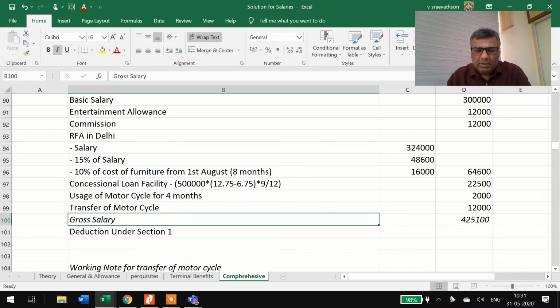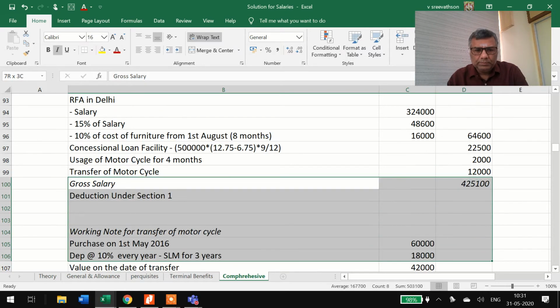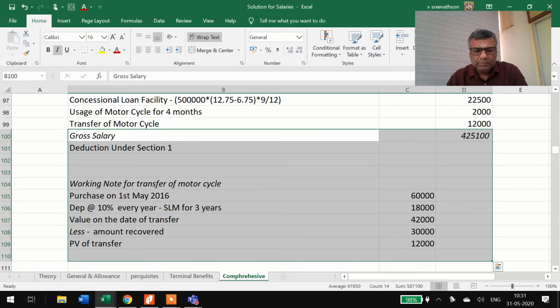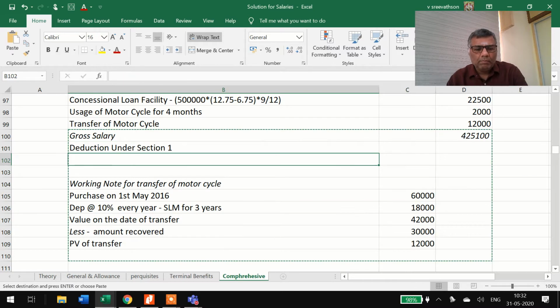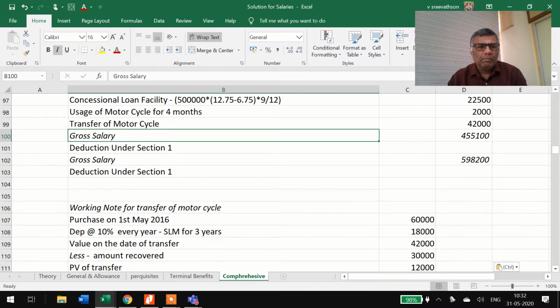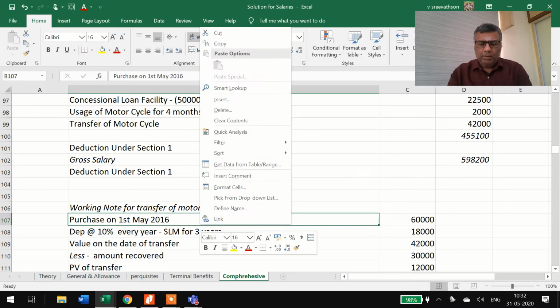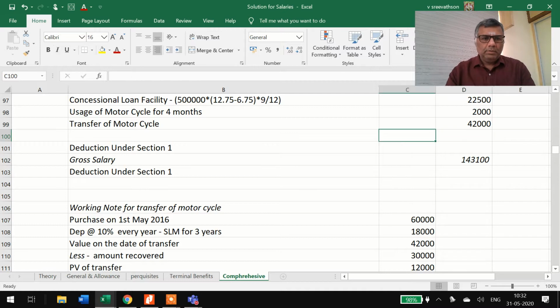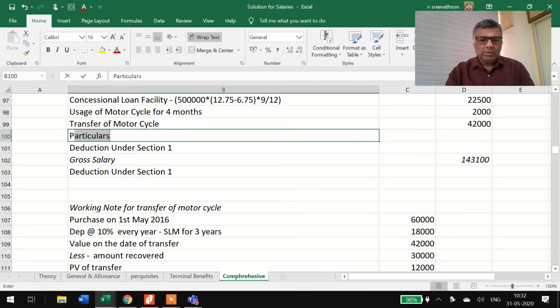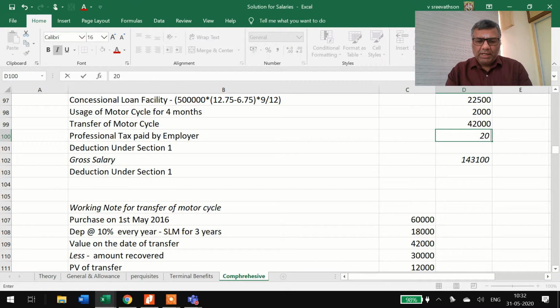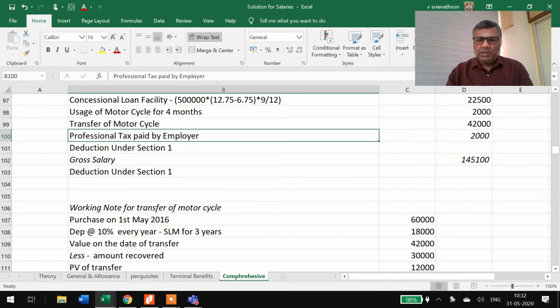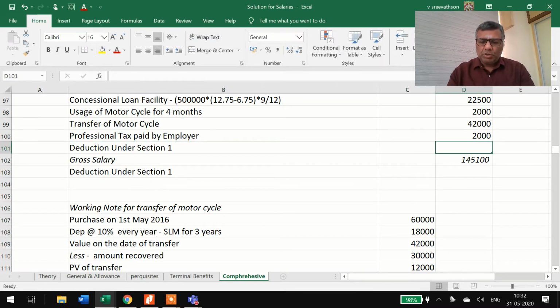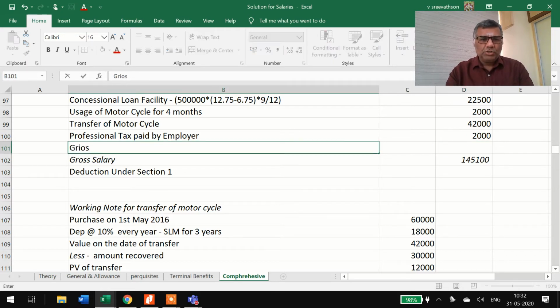The perquisite value of professional tax paid by the employer is 2,000. Here I hit the gross salary.